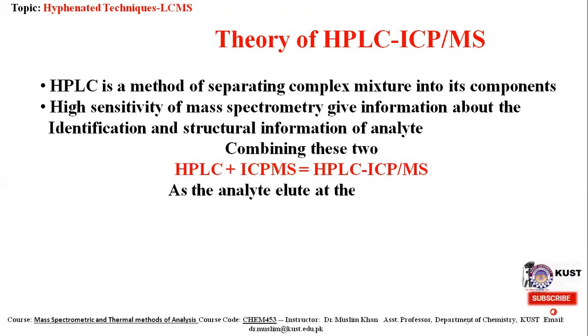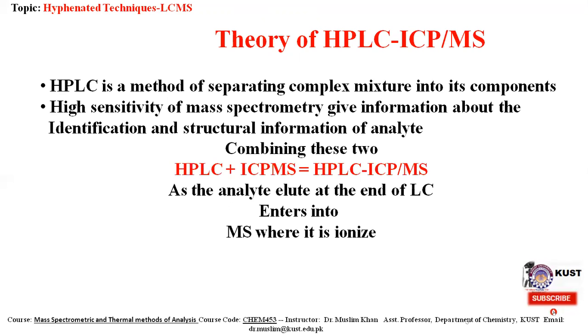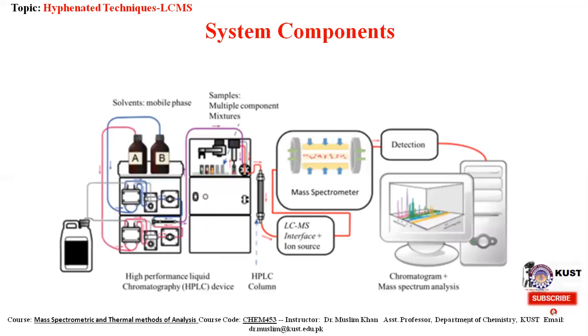As the analyte elutes at the end of LC or HPLC, liquid chromatography, it enters into the mass spectrometer where it is ionized, and then those ions are separated on the basis of mass to charge ratio in a mass analyzer, and finally detected in the detector system.